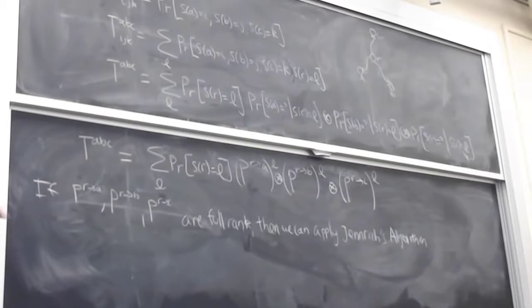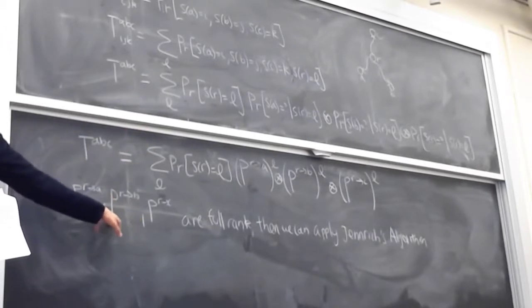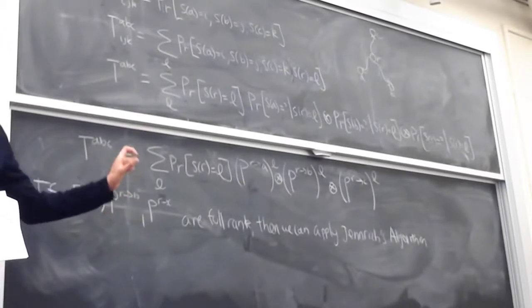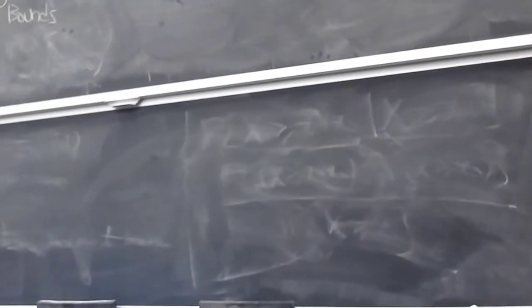So the fact that Jennrich's algorithm only recovers the decomposition up to certain uniqueness really doesn't bother us here, because we know what the normalization should be for these rows, and switching L1 and L2 doesn't change anything anyways. So this was the approach taken by Mossel and Roch.